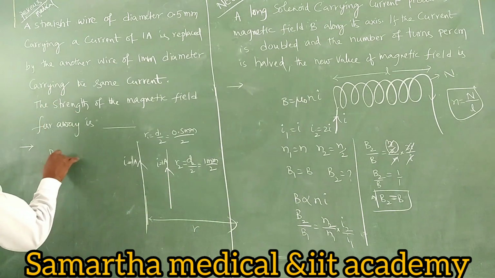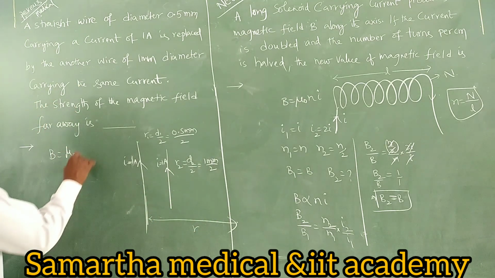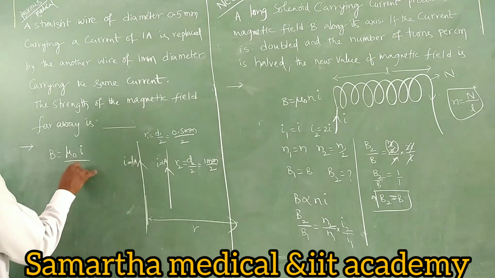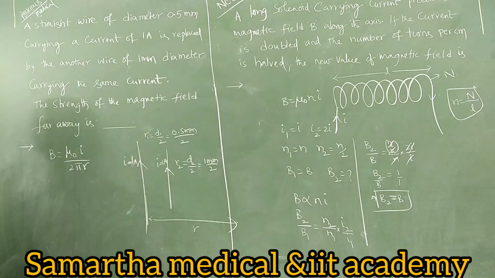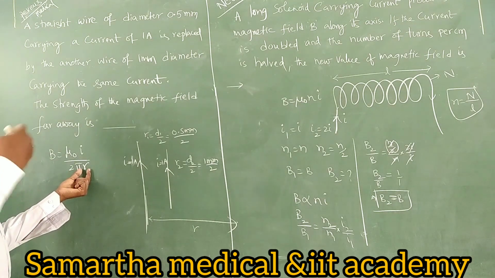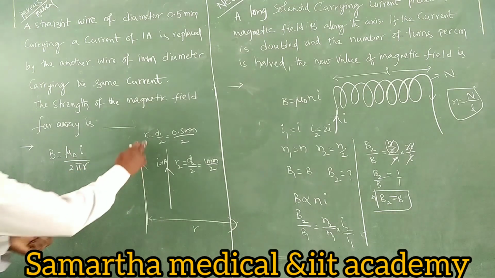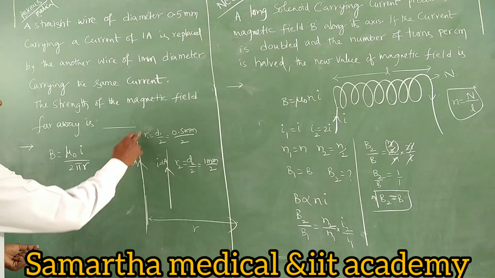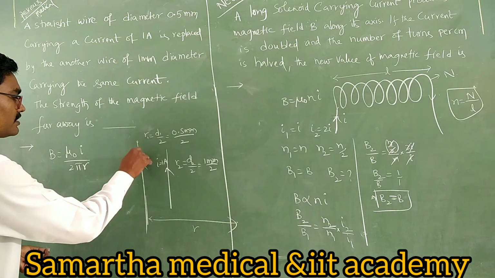So what is the formula for a straight current carrying conductor? Mu naught I by 2 pi R. So what is R? R is not the radius or diameter of the wire.